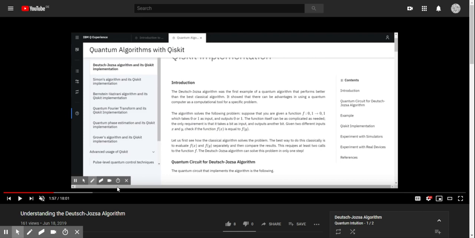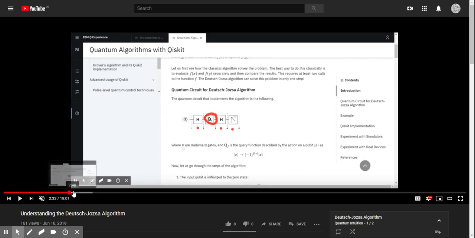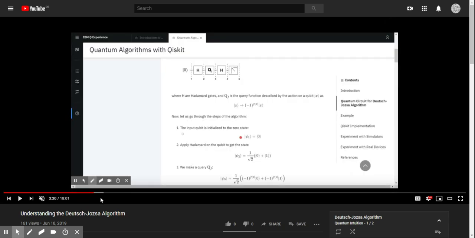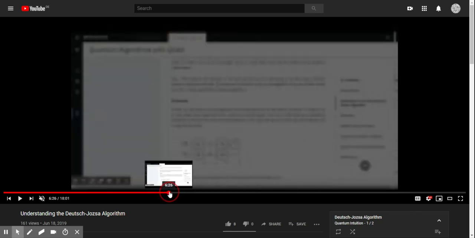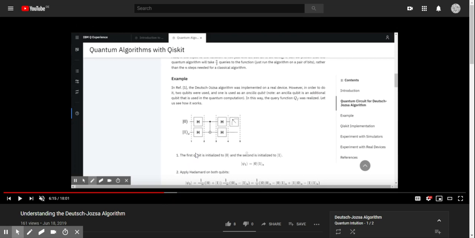And here we've got a... so look at that circuit as an example.